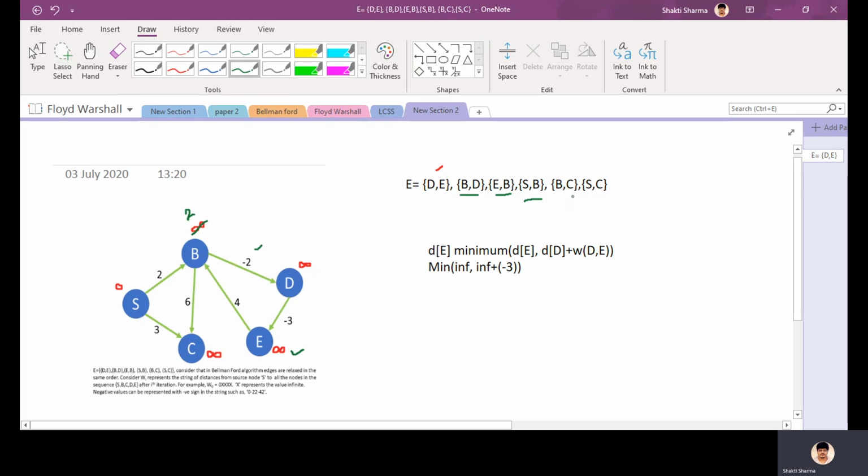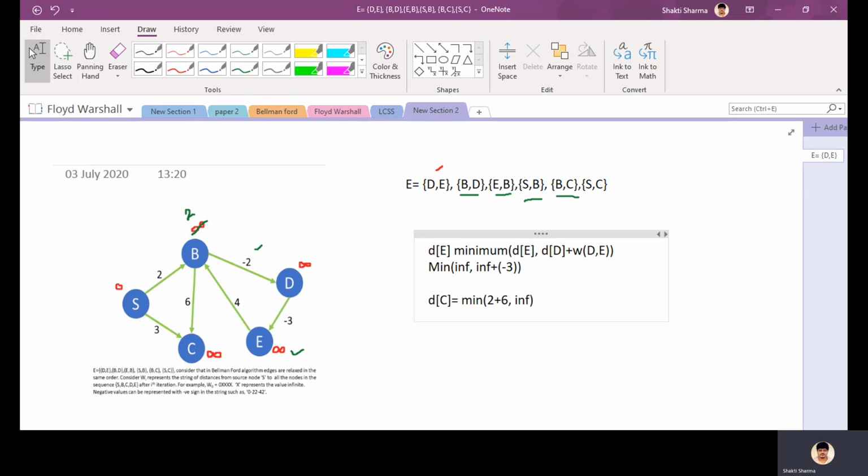Now the next edge will be BC. If I want to relax edge BC and find the cost of reaching node C, it will come from the minimum of the cost of reaching node B, which has been updated now, and the updated value is 2, plus the cost of B to C, which is 6, comma, the direct reaching to node C, which right now is infinite.